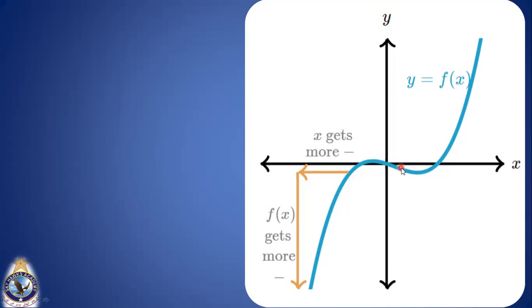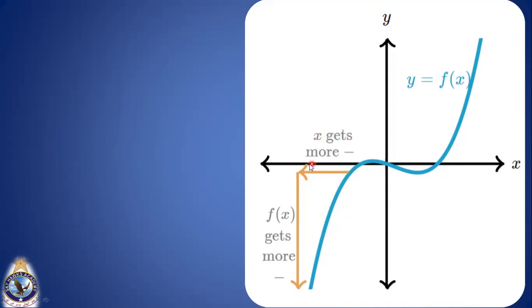So what you will have to do mentally is look at the left portion of this graph, from the left of 0. Here we can say the origin, the 0 is, and x gets more negative.